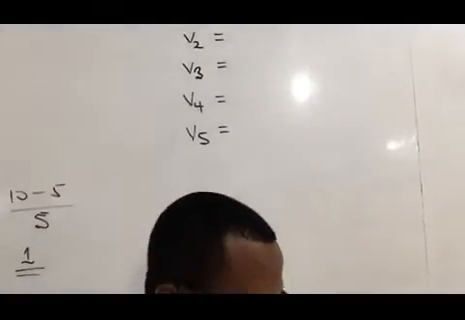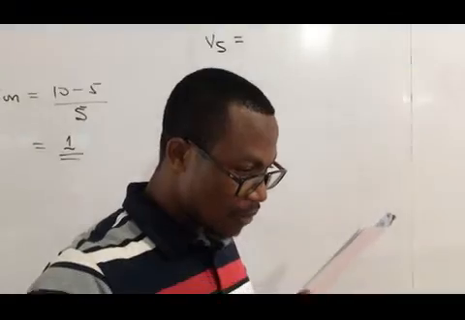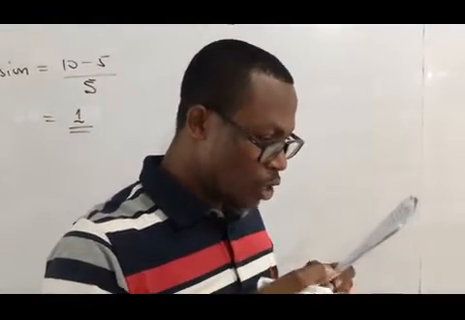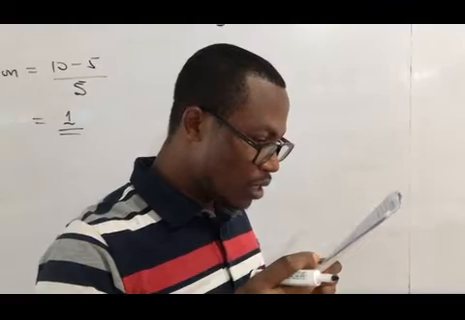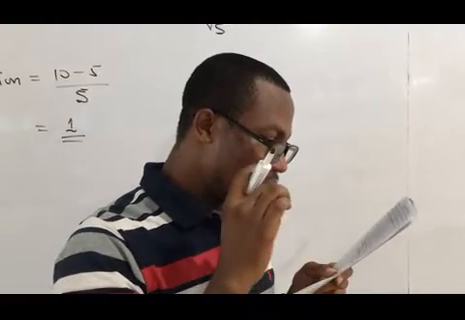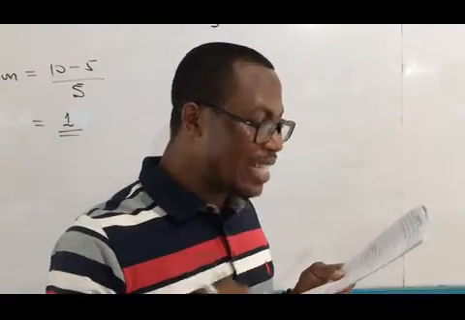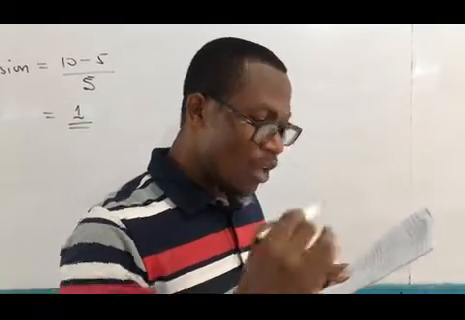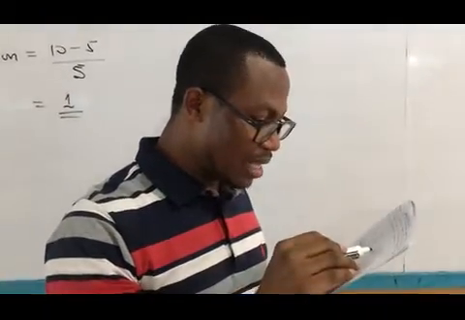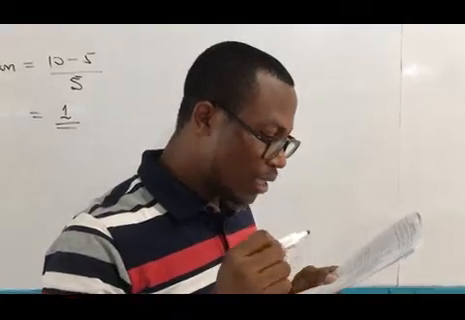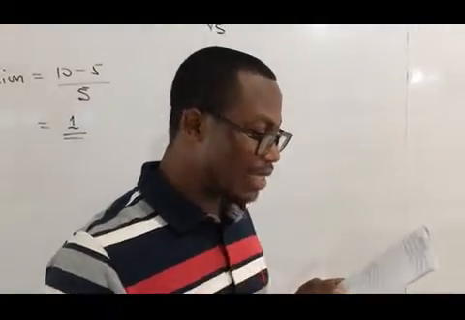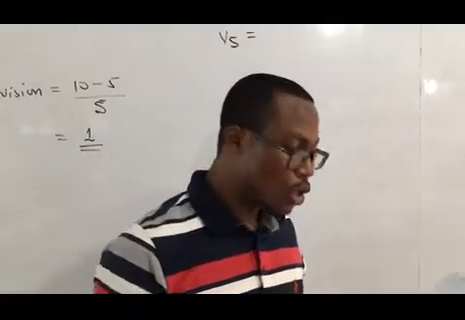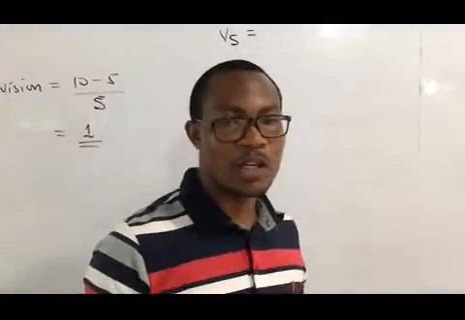V2, if you look at it very carefully, you realize that it is between the second and third division after the 5. So if each division is 1, then it means that it is pointing between 7 and 8. If you have a reading between two values, you will have to find the average of the two values.